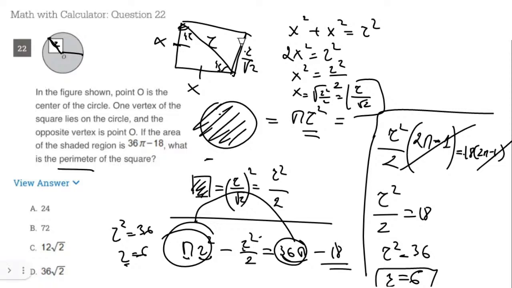Now I can find the side of it. So the side would be r, 6 over square root of 2. And what is the perimeter? Multiplied by 4, this equals 24 over square root of 2.